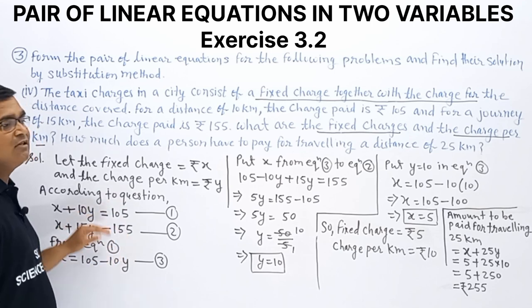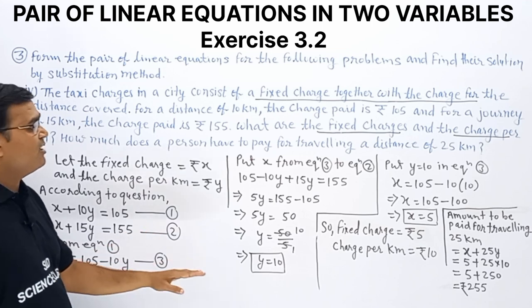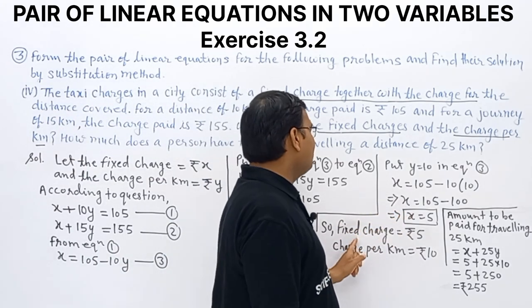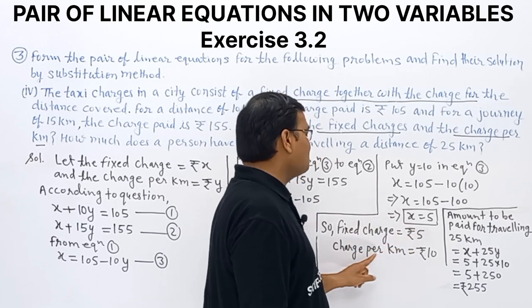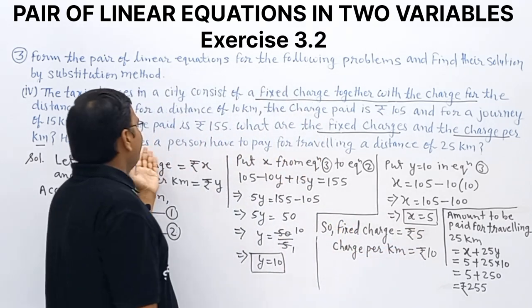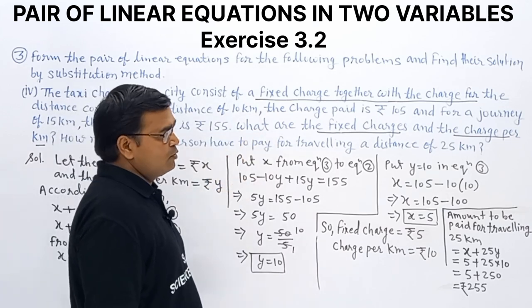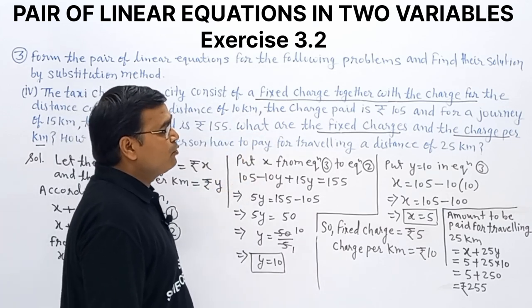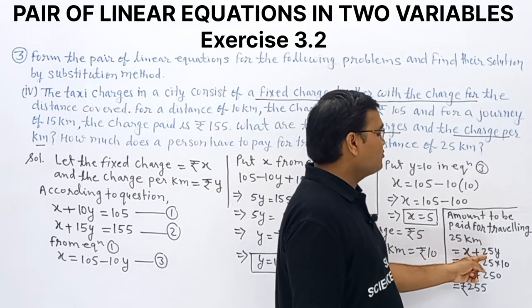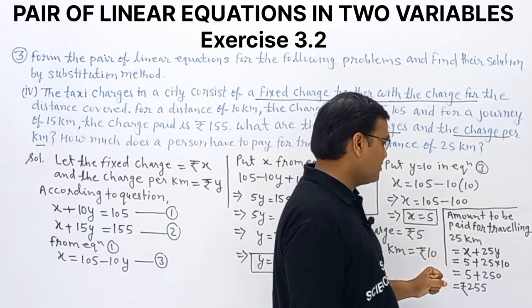We will solve these equations by the substitution method and find the values of x and y. So we obtained the fixed charge rupees 5 and the charge per kilometer rupees 10. Now for 25 kilometers, we write the fixed charge plus 25y, with y the charge per kilometer.